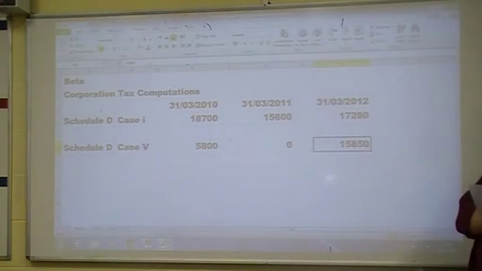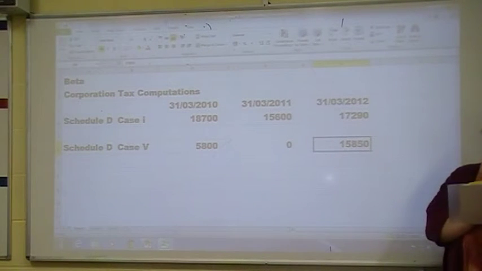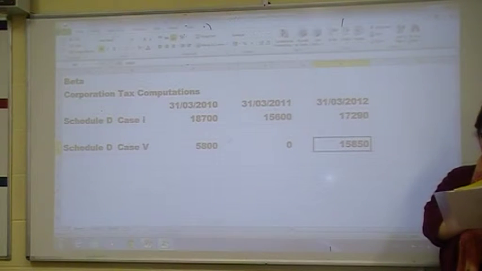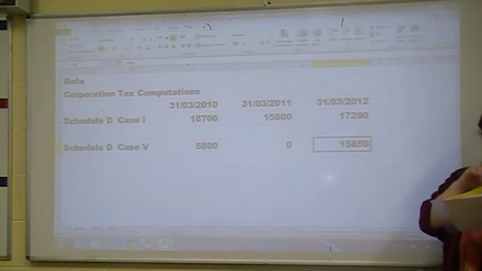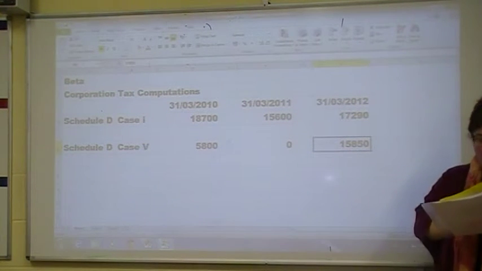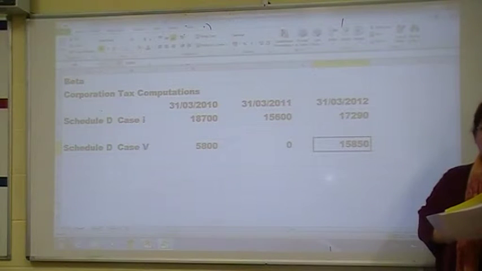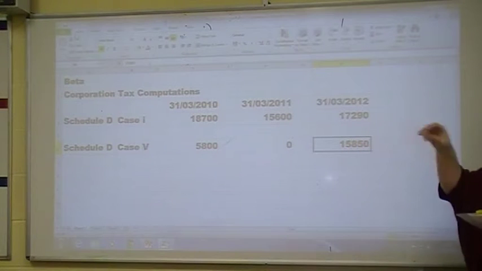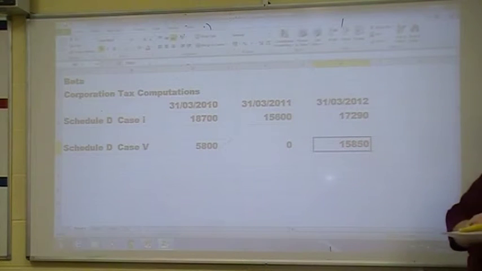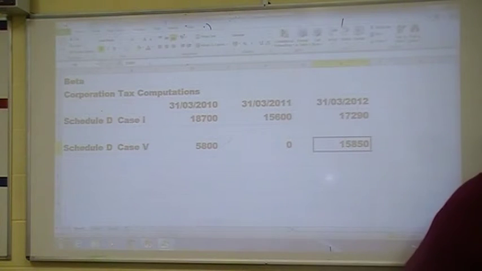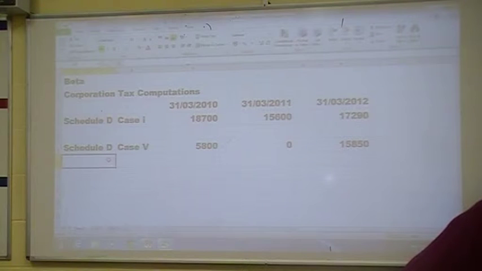The reason we're doing this is the last column there, the case 5 capital allowances. We have case 5 income in March 2010 of 5,800, and case 5 capital allowances of 2,300. So automatically we take the 2,300 off the 5,800, the case 5 capital allowances.